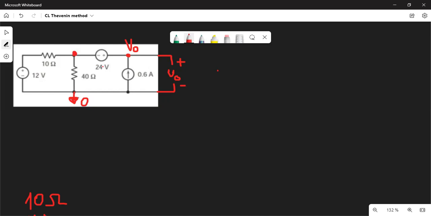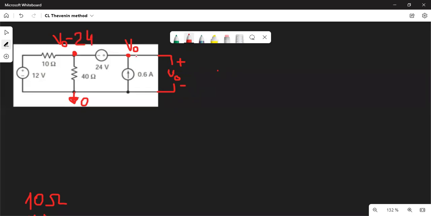So here is an independent voltage source, and our V0 is connected to the positive polarity of the voltage source, which means in this point we get electric potential like V0 minus 24.